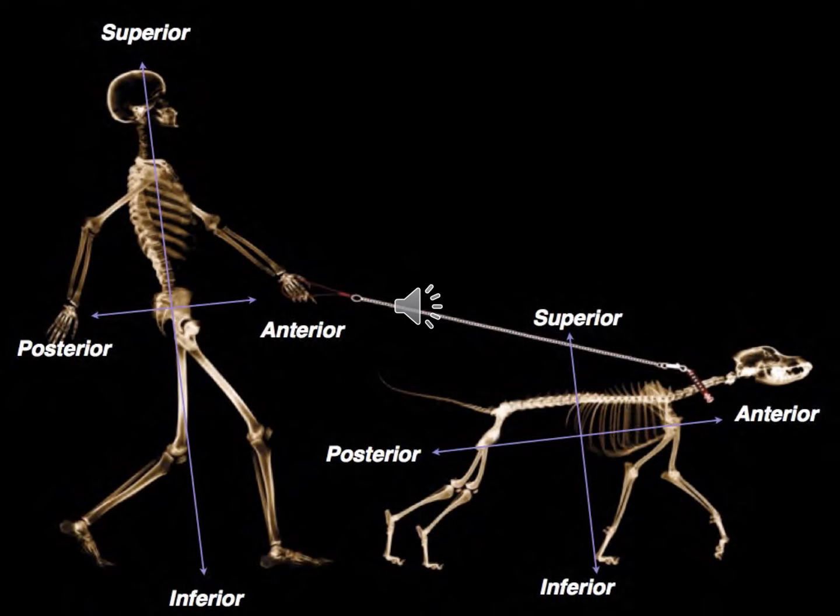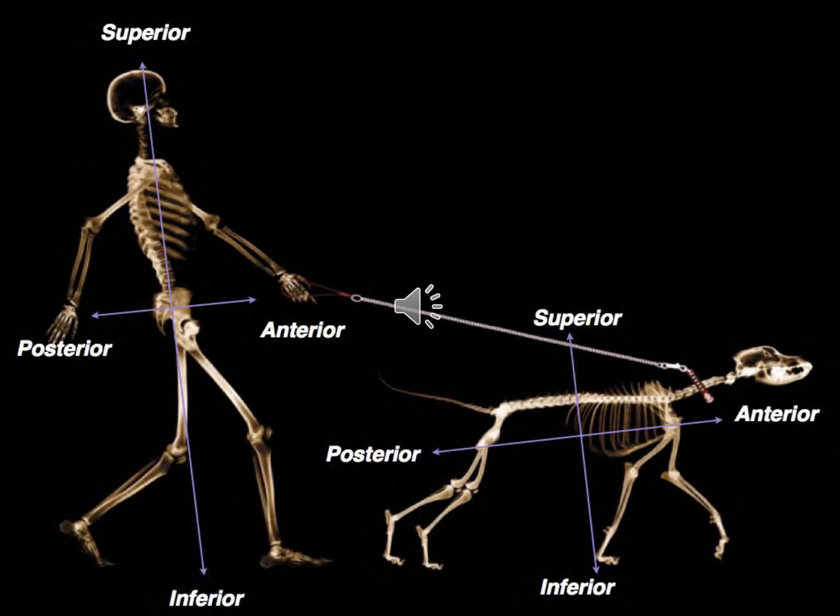And so what we've done is created a number of different directionals around the body to maintain this type of consistency. Now we have here a human skeleton and a dog skeleton, a human walking a dog. A very common occurrence that you would see every day. And we have the term superior. Let's look at the human skeleton first.